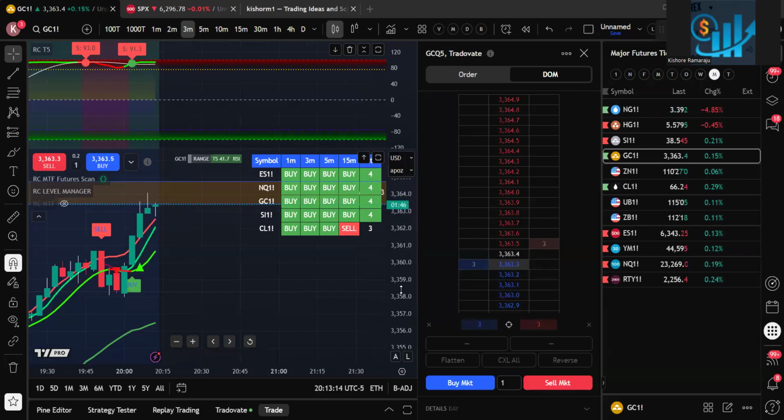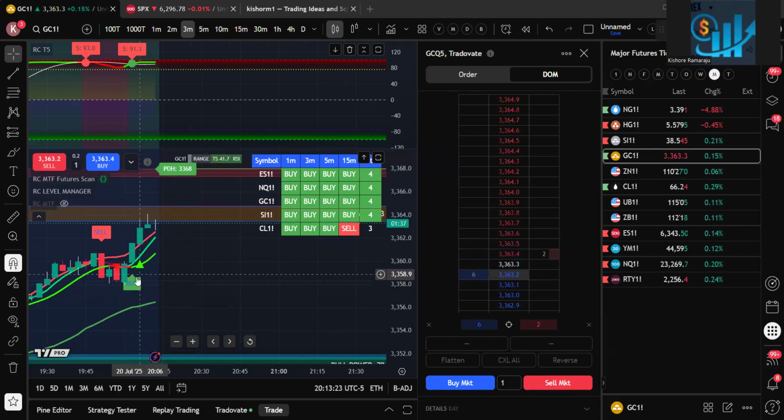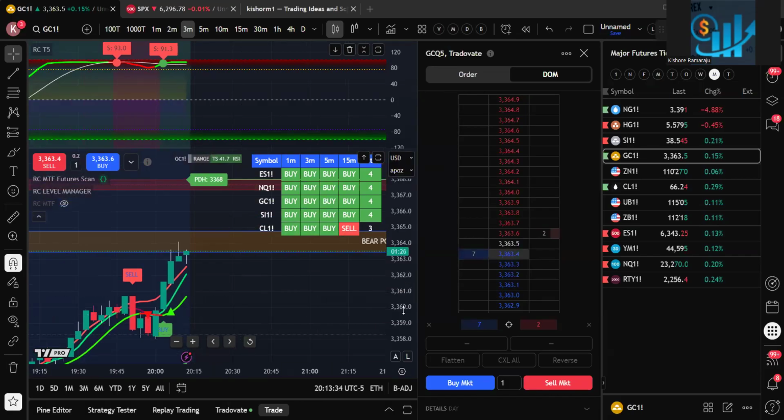That is how you can trade with the proper trend so that you don't take the opposite side trades. One way is you can wait for the buy and take the buy opportunities, or sometimes it will go up, come back to the T5 line and again go further up. Like that also we can take.